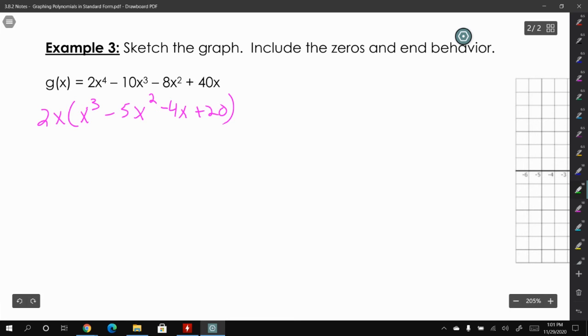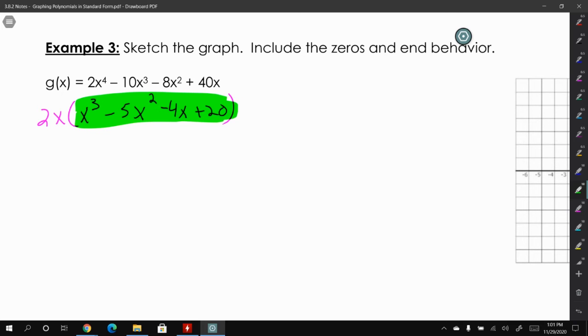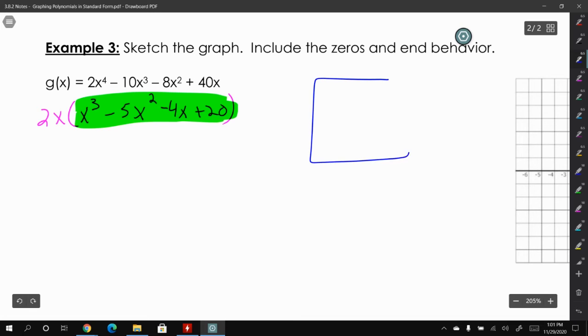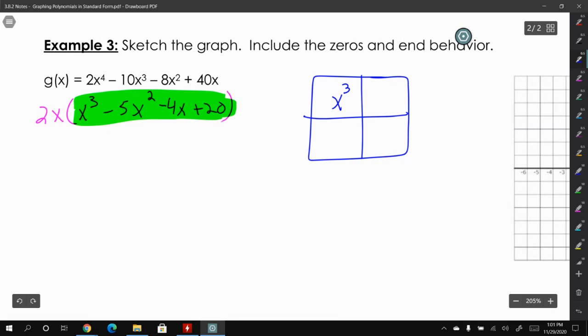And we're going to factor this inside part now. And since we have x to the third, then x squared, then x to the first power, and then 20, we're going to go right to the box. And we put the highest degree term in the upper left, so x to the third goes in the upper left, and the lowest degree goes in the lower right, so the number with no x's, positive 20.